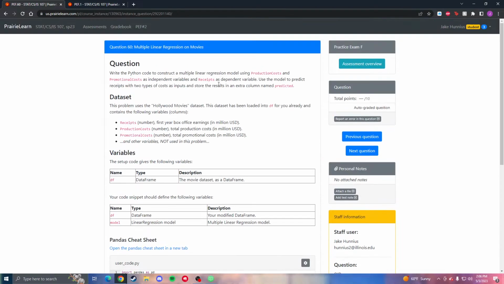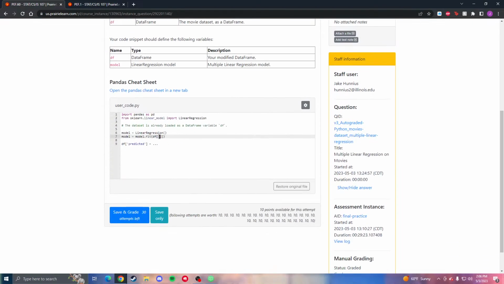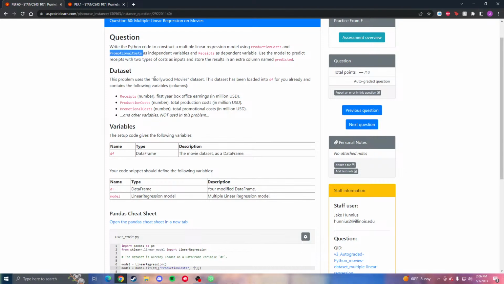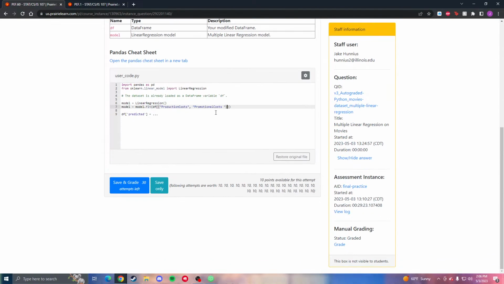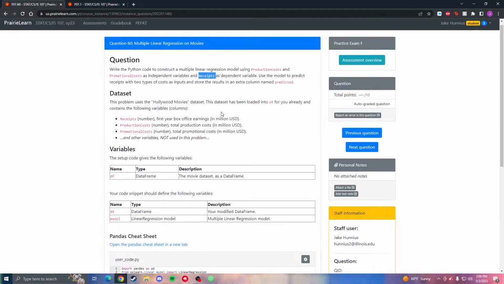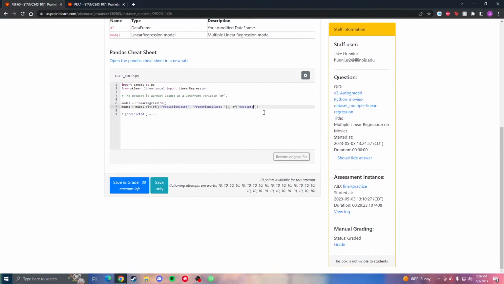Then we just need to pick our three categories: production costs and promotional costs. And then we are using that to predict, in this case, the receipts, which is the dependent variable. And in the predicted column, we just store it in this line of code.